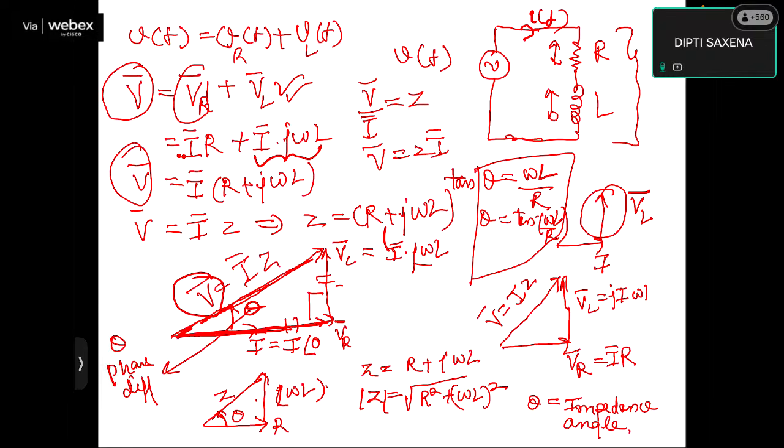If you look in the anti-clockwise direction, your current lags the voltage by an angle theta, and theta is equal to tan inverse omega L by R. So got my point? The RL circuit is basically a lagging circuit in the sense that the current through the RL combination lags the applied voltage by an angle theta, where theta is equal to tan inverse omega L by R.